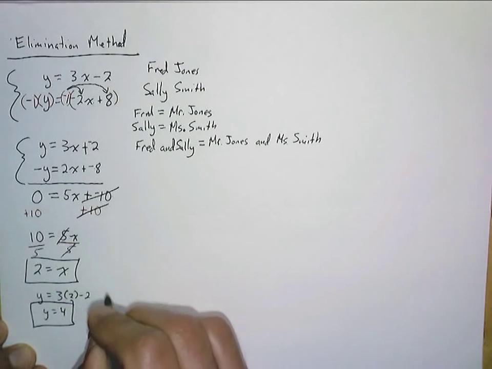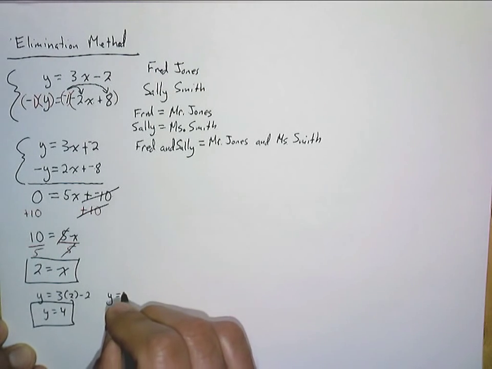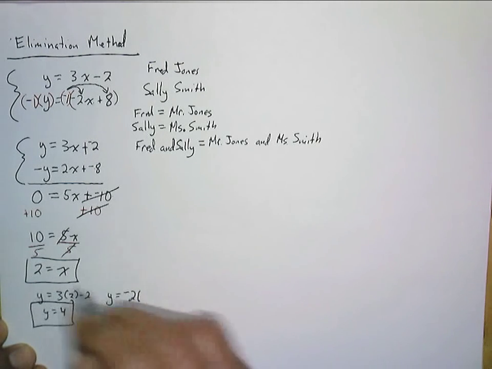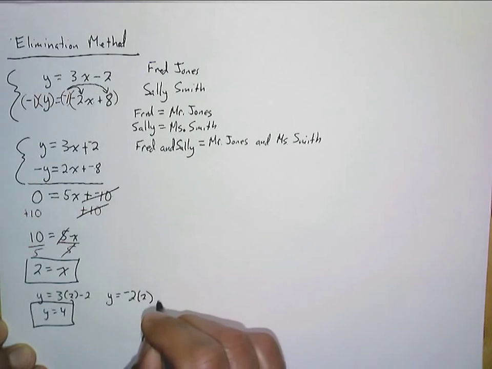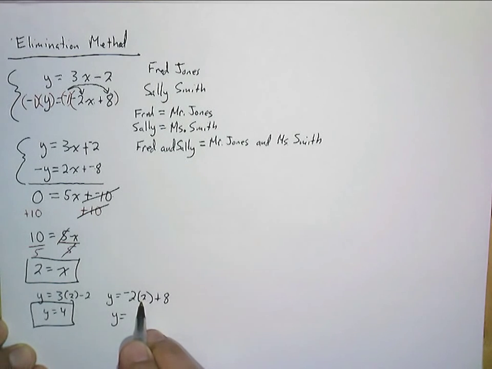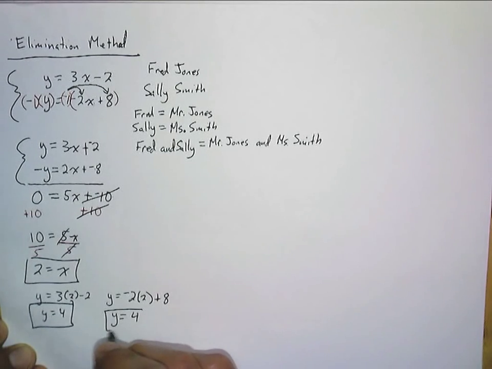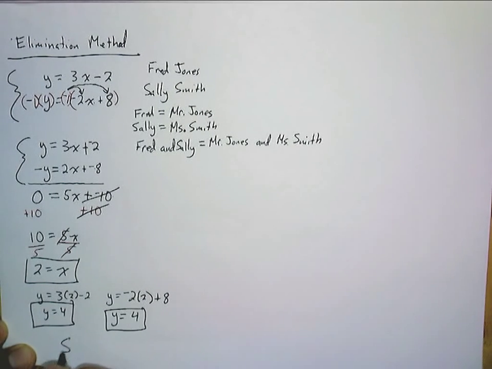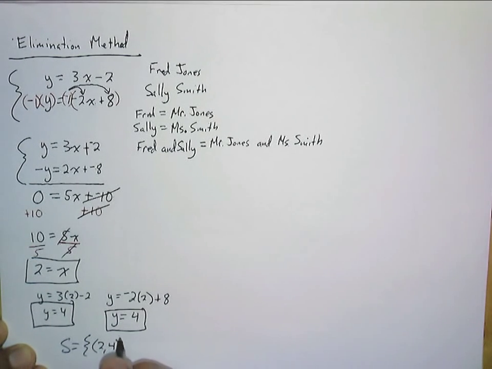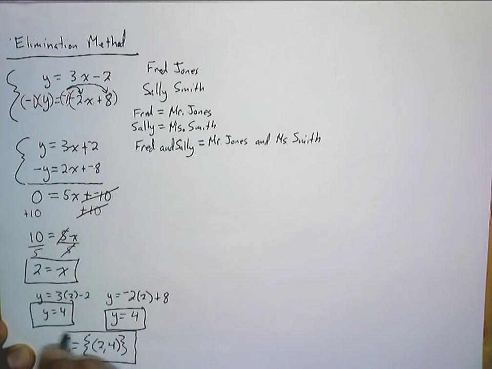For the second equation, y is equal to negative 2 times x, but x is now 2, plus 8, and then y is equal to negative 2 times 2 is negative 4 plus 8 is 4. So again, we get the exact same solution set, which consists of the point with coordinates (2, 4). And there is the final solution.